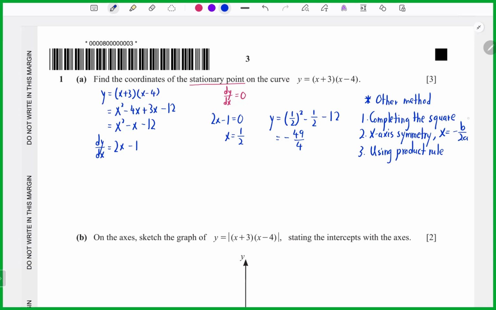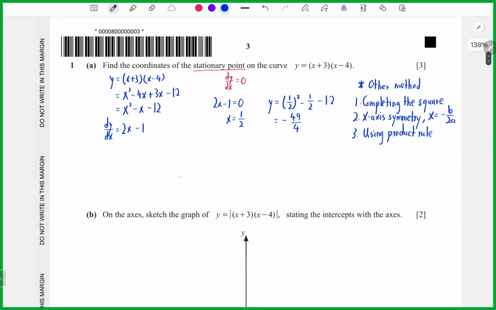If you want to use another method, you can use completing the square, axis of symmetry, or the product rule here. So now we already get the answer.